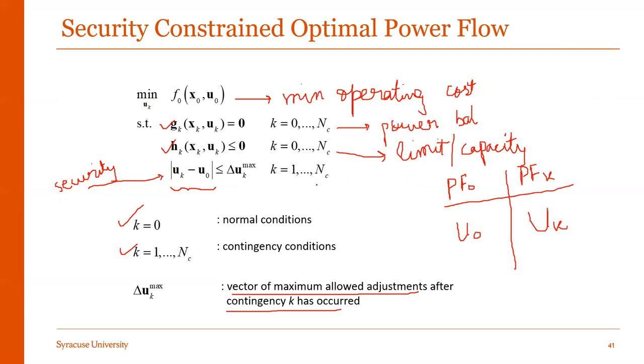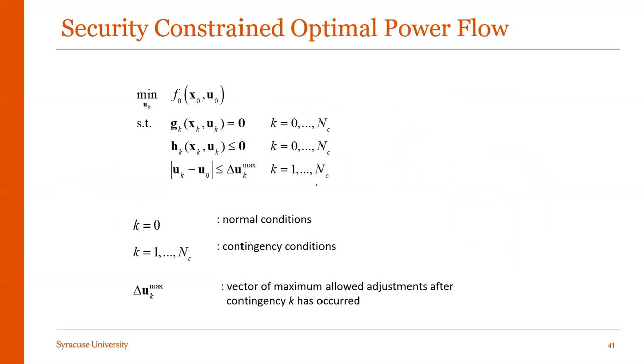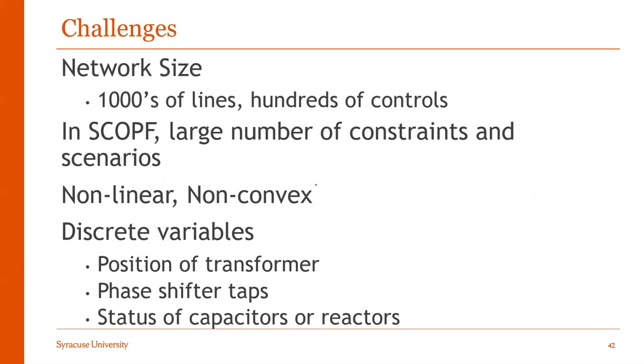The security constraint optimal power flow has certain challenges. When you have a large network, we have thousands of lines, hundreds of controls. So in this case, we have to consider a large number of constraints and a large number of scenarios. In most cases, the security constraint OPF is nonlinear and non-convex, which makes it extremely difficult to solve.